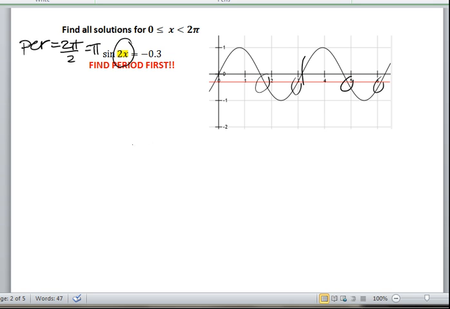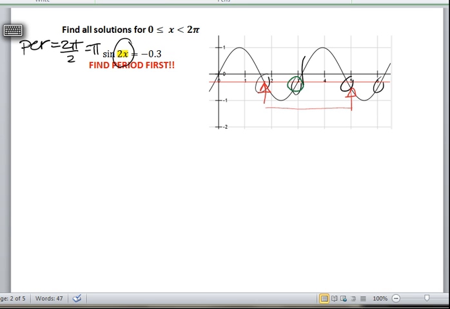And so here's where we're going to start. You always find the period first because you're going to need to find the corresponding angle in the next period. So if you solve for this x value here in your first cycle, and we know that the period is pi, then we'll see another recurrence of that same intersection.